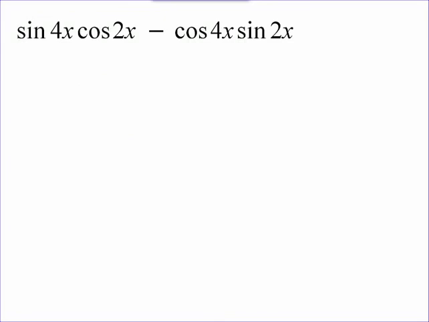Okay, the next thing we're going to look at is this. Sine of 4x cosine of 2x minus cosine of 4x sine of 2x. All right, which one does this match? Sine, because remember sine, the pattern was sine, cosine, cosine, sine. So I've got to take the sine.